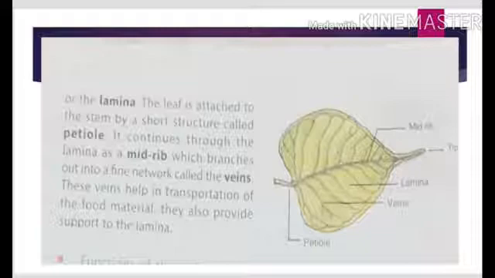The petiole continues through the lamina up to the tip of the leaf, and that is known as the midrib. This midrib branches out into a fine network called the veins. These veins help in the transportation of the food material. They also provide support to the lamina.